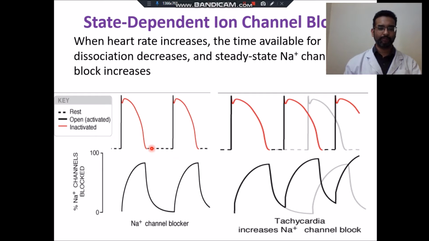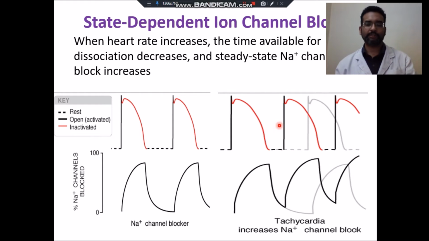So again, during this period, some time is given by the channels for the drugs to bind. Now the heart rate is increased, and the action potentials are coming together. Here, time is not given by the sodium channels for the drugs to dissociate. As a result, the sodium channel block will be continuously increasing.